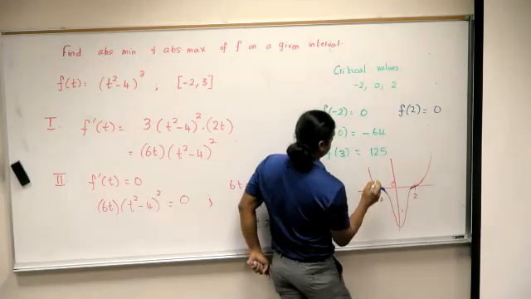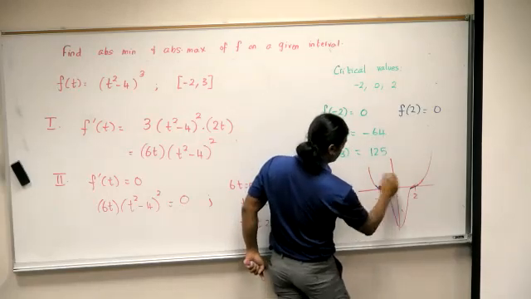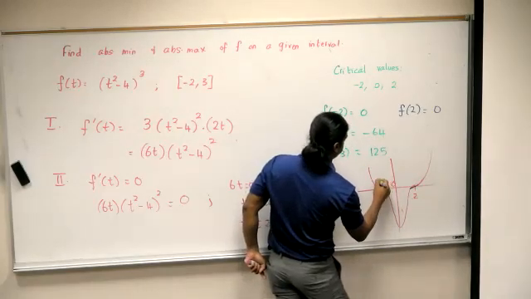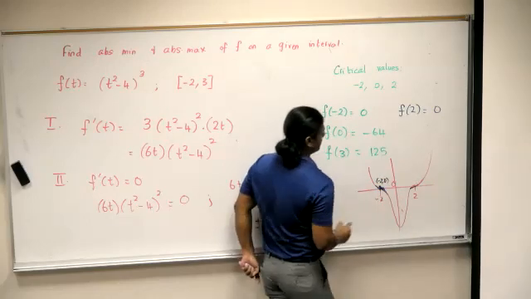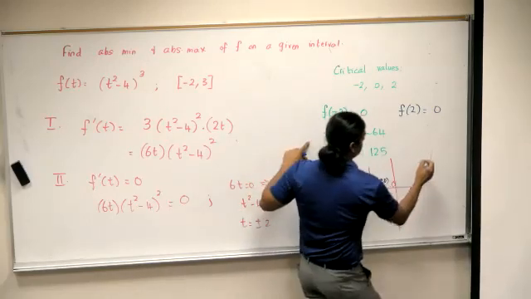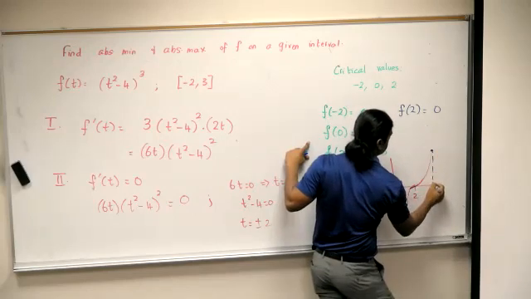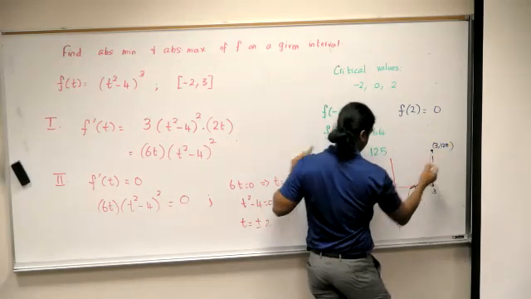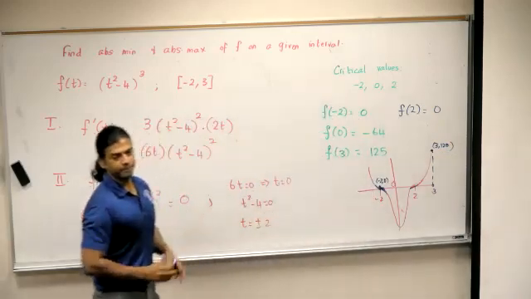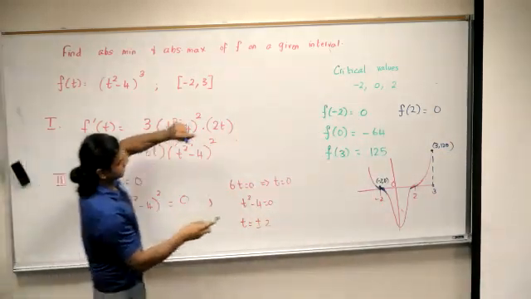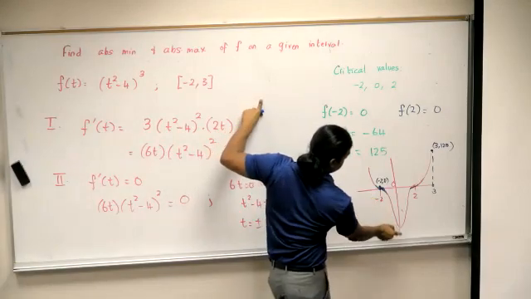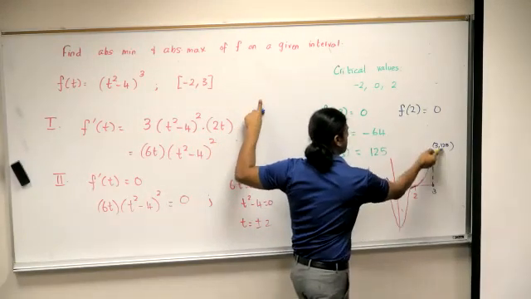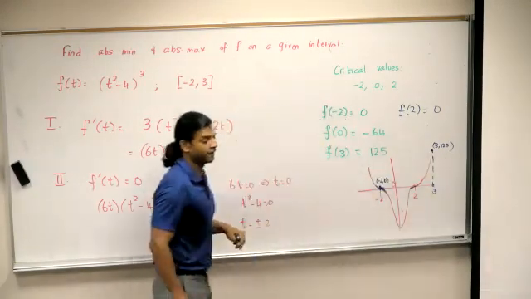-2 gave me 0, that is one endpoint. +3 gave us 125, another endpoint. So 0, -64, and 125.